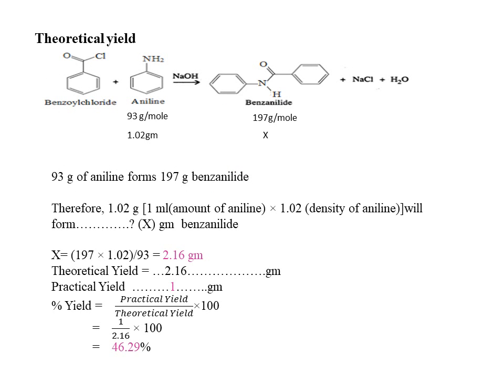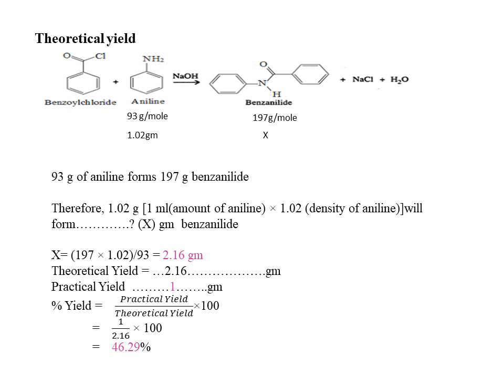In this reaction, the starting material is aniline and the end product, that is our main product, is benzanilide. Here 93 gram of aniline forms 197 gram of benzanilide. Generally, for calculating theoretical yield, the amount of limiting reagent used in the procedure is considered.